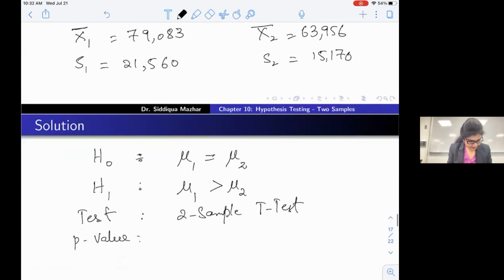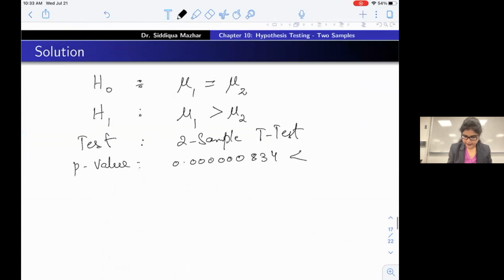So now my p-value is very small, which, if you see e raised to the power minus 7, means exponential powers, which is 10 raised to the power minus 7. So it means this is 0.000000 and then I will write down the value, which is 834. So this value is way smaller than the value of alpha, which is 0.05. So p is less than alpha.